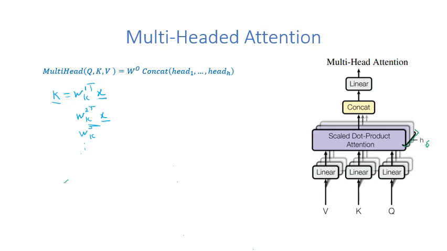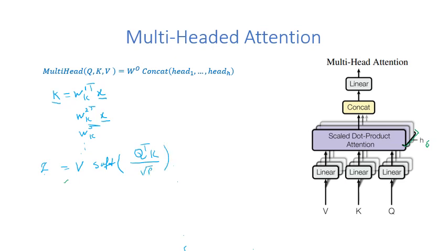And each of them separately produces a Z, right? So we learned that they produce a Z as basically V times softmax of Q transpose K divided by the square root of the dimension.